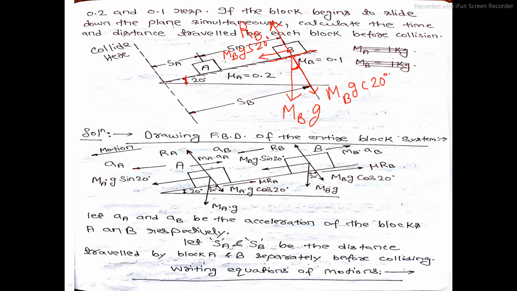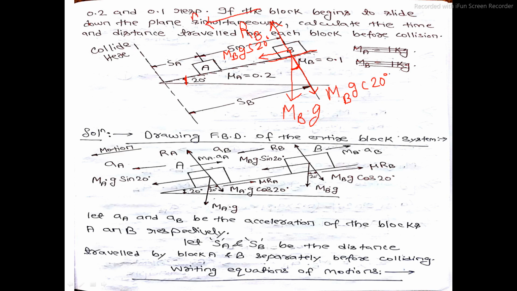Since the inclined plane surface is rough, at the point of contact of block B and the inclined plane surface, frictional force will act, and the direction of frictional force will be opposite to the direction of motion of block B. And from the diagram or from the problem, it is very much clear that block B is moving down the inclined plane.